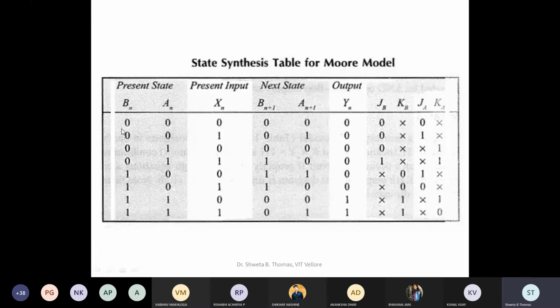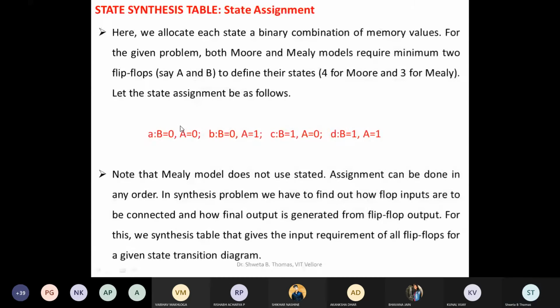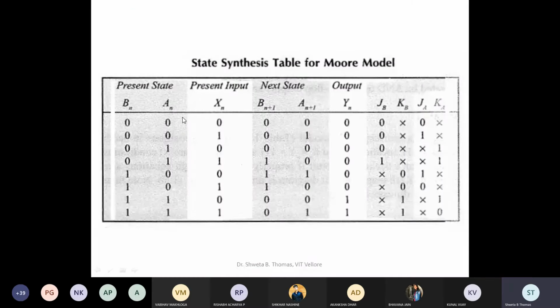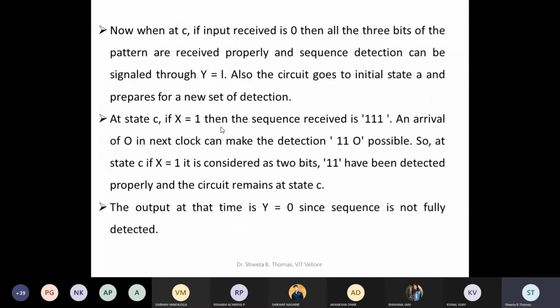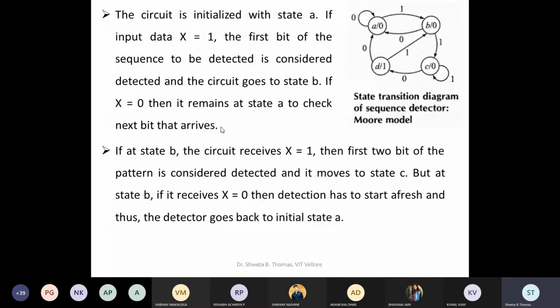When present state 0, 0. 0, 0 means what? State A. Okay. When it is in state A and input is 0. When it is in state A and input is 0. We go for wait, huh?